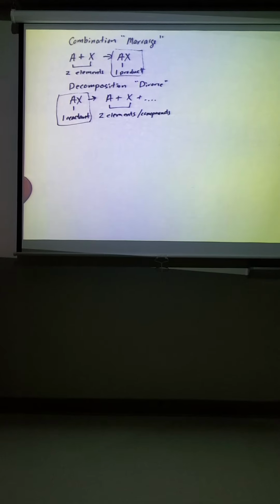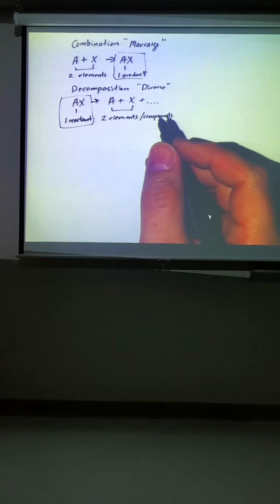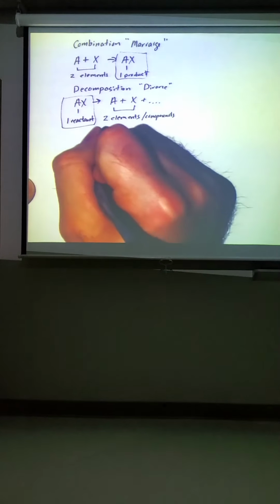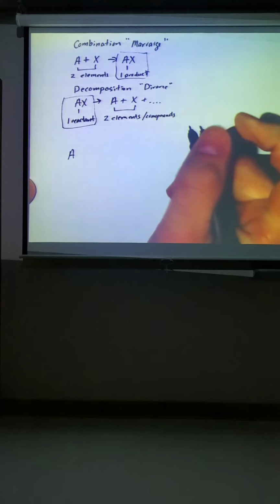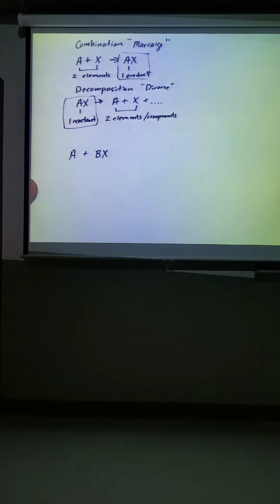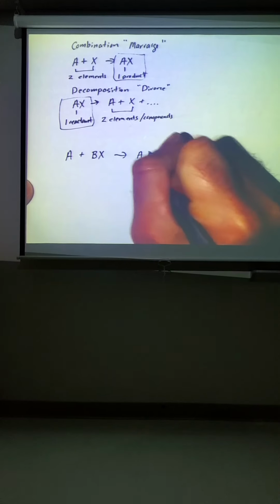So if we have marriage and divorce, we have this other one that's very common, and it's going to be a big player coming up in some later chapters, especially in 2 weeks. This one we have A by itself, we have this BX kind of compound, and then they switch.